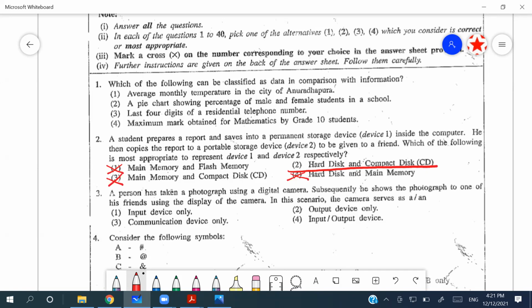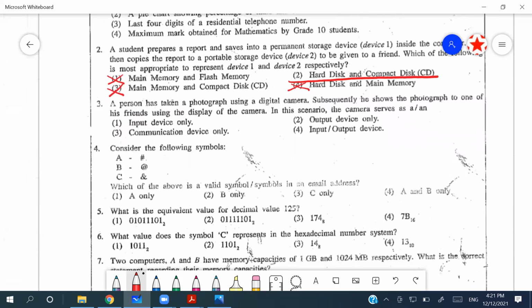Simple as that. So the third one: a person has taken a photograph using a digital camera. Subsequently, he shows the photograph to one of his friends using the display of the camera. In this scenario, when you capture something, it takes data into that device, so we can consider it as an input device.